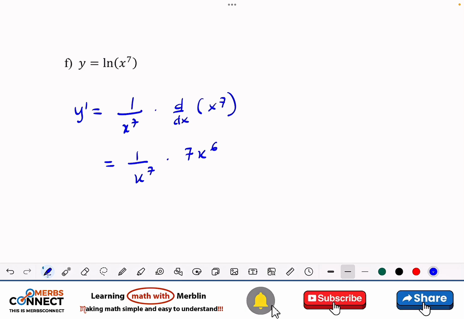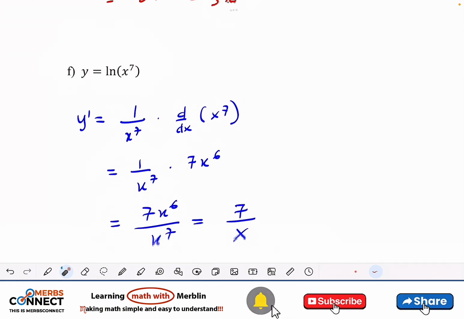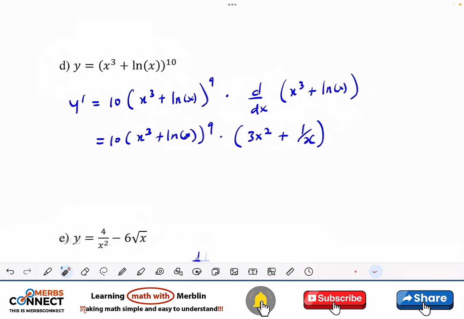Now I can write this one as 7x to the power 6 divided by that. But we can see that this is 6 x's and we have 7 of them. So when I cancel it out, I'm going to have 7 divided by x. So this is 7 of them, this is 6 of them. So I'll cancel and be left with just 1. So this will be the derivative for this. So this is the end of question 5.